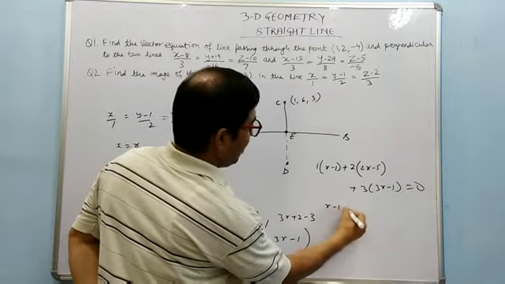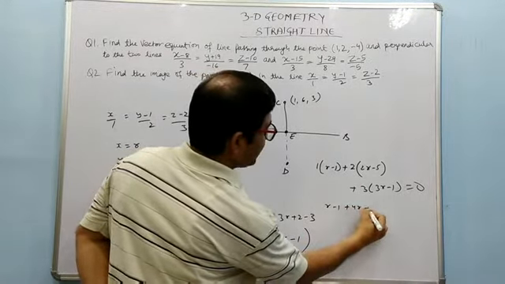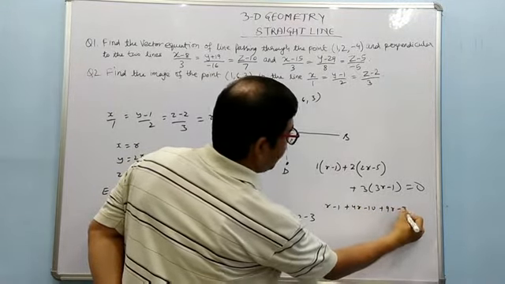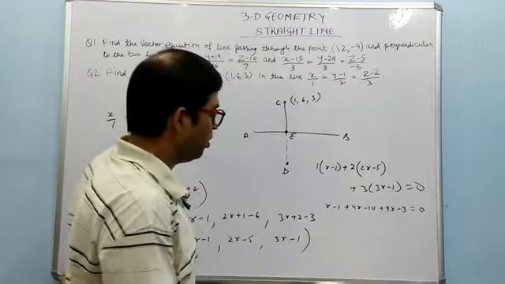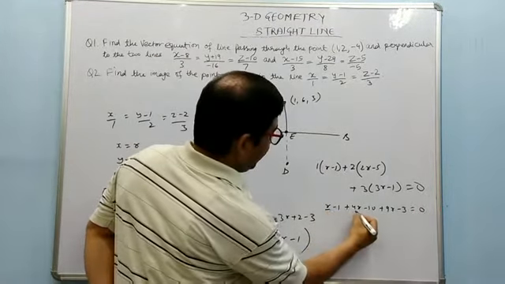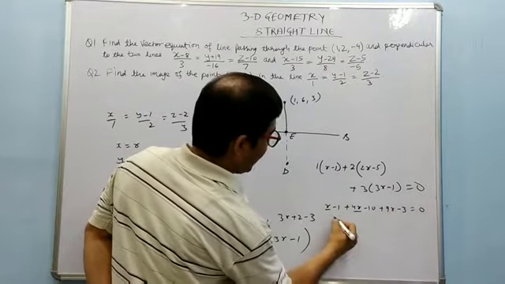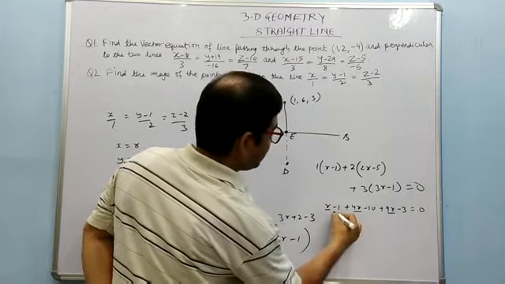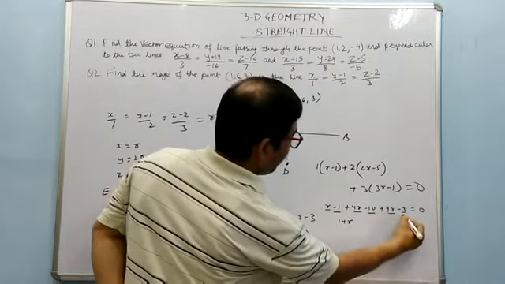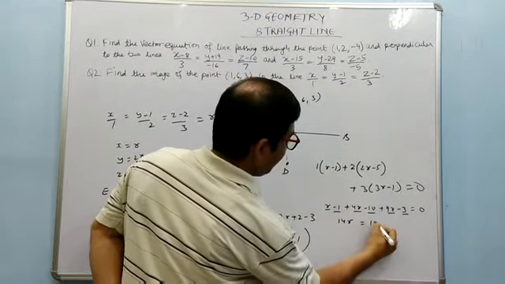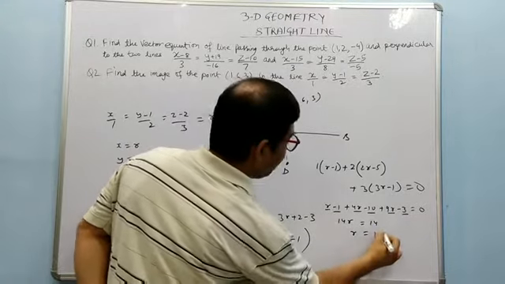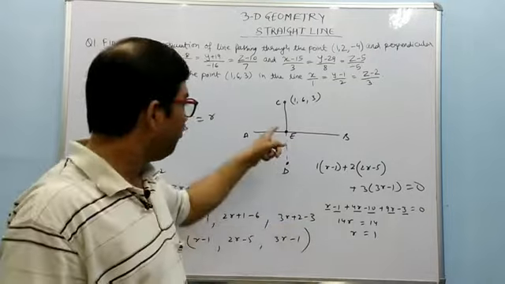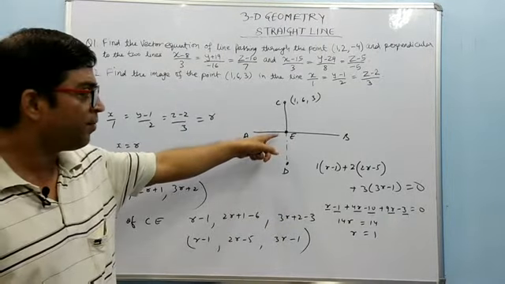This is r minus 1 plus 4r minus 10 plus 9r minus 3 is equal to 0. So this is coming out to be 5r plus 9r, that is 14r, minus 1 minus 10 minus 3, that is minus 14. So 14r equals 14, and r is 1.